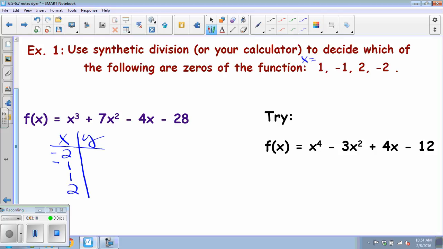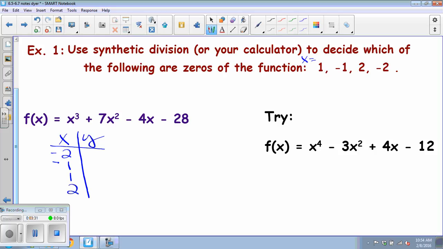A solution is an x-intercept, right? It's the point where that graph crosses the x-axis. Y is always 0 at that point. And so when you look at the table, if you check x equals -2, if y is 0, then it's a solution. Now remember, think about the synthetic division.